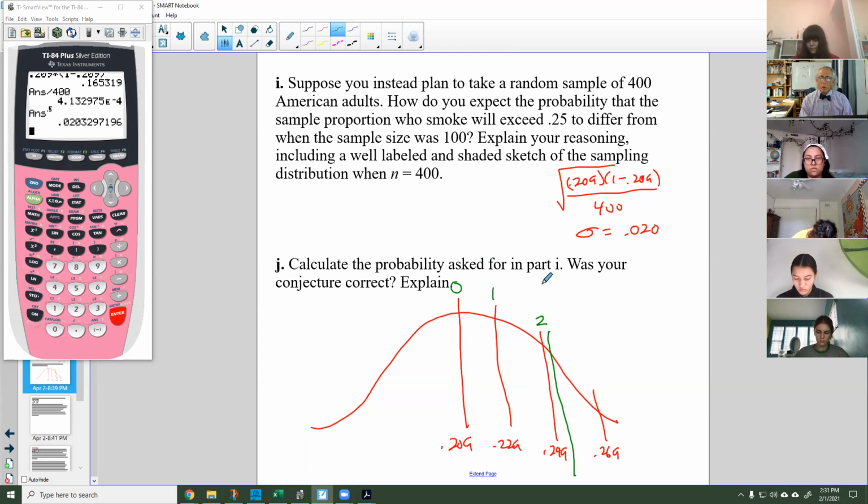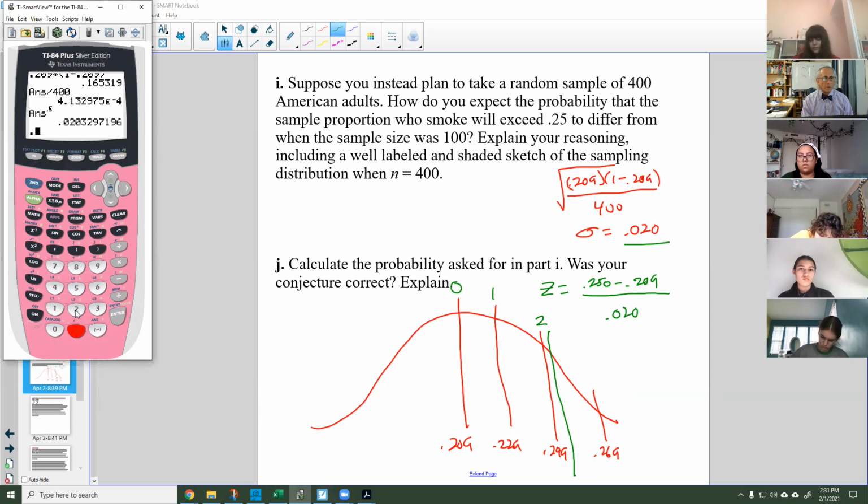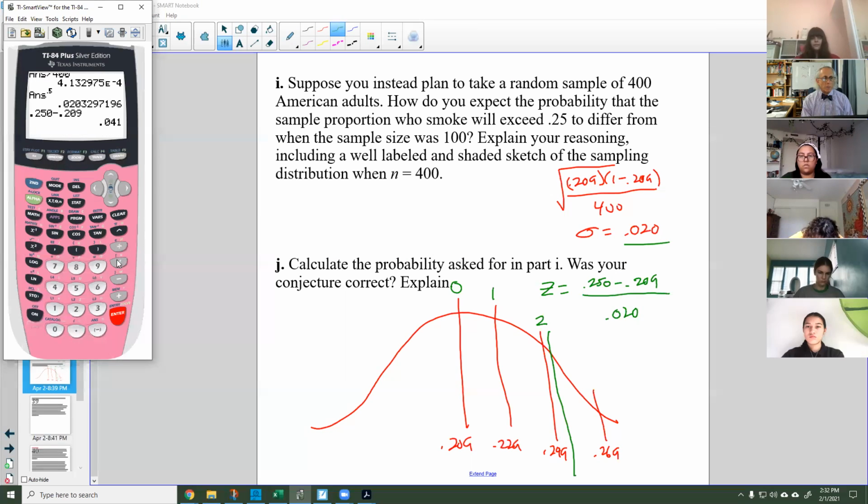So my z-score is 0.250 minus 0.209 divided by my standard deviation now of 0.020. 0.250 minus 0.209 divided by 0.020.